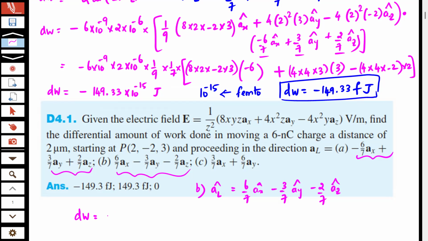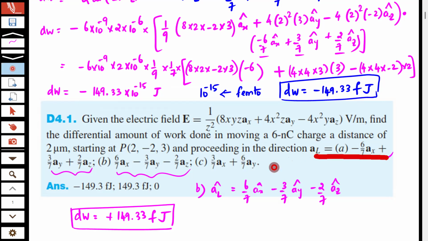Instead of computing again, I'm writing directly, it is going to be plus 149.33 femtojoules. You can do it again and verify whether you're getting the same answer. Since the aL vectors are negative of each other, one negative sign is introduced, which gives plus 149.33 femtojoules.